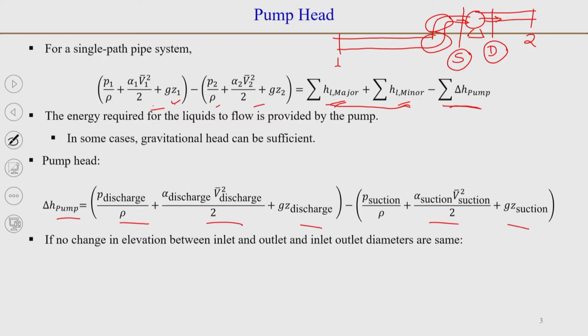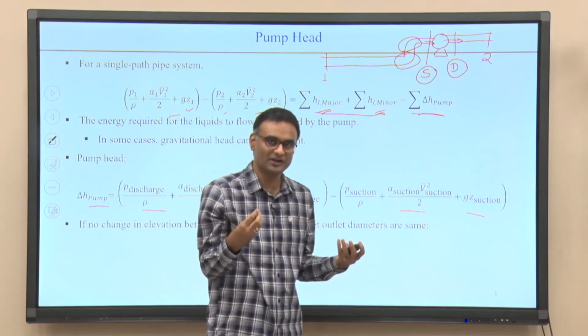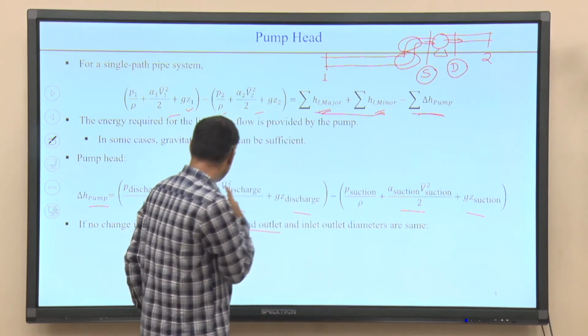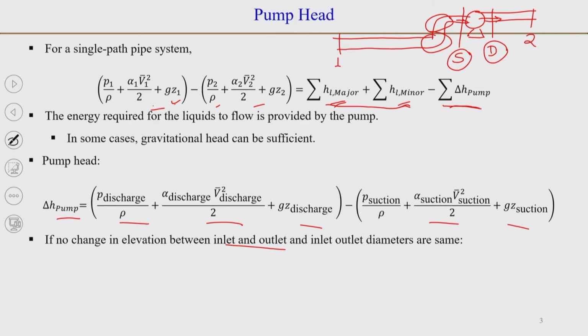And if the inlet and outlet areas of the pipes are the same, because the flow rate is the same and A1 and A2 are the same, V1 and V2, or V at discharge and V at suction side, will be the same. If we say that the flow is turbulent, then alpha will also be 1, okay, and that will be true for most of the common pipelines we encounter.